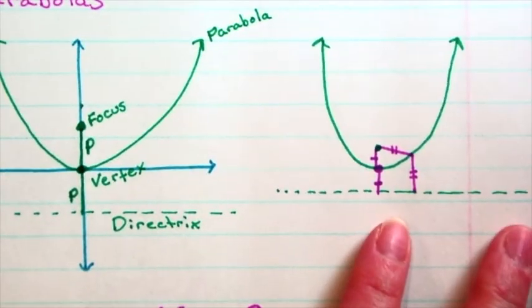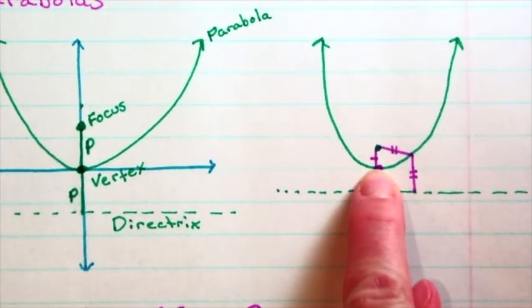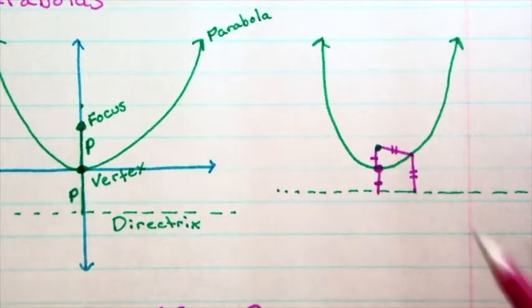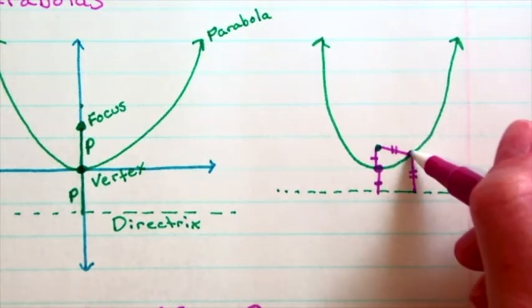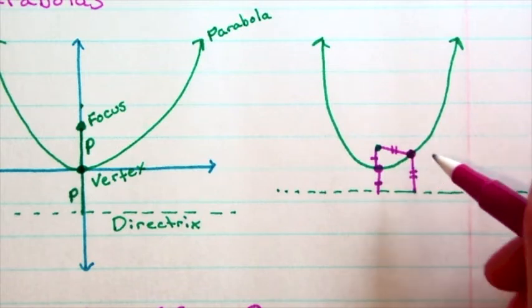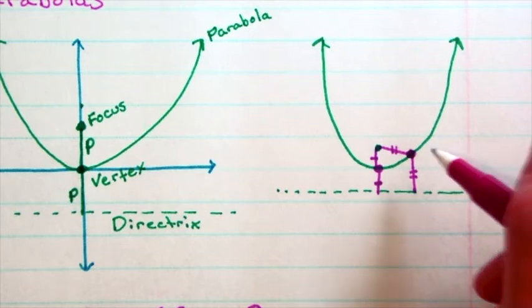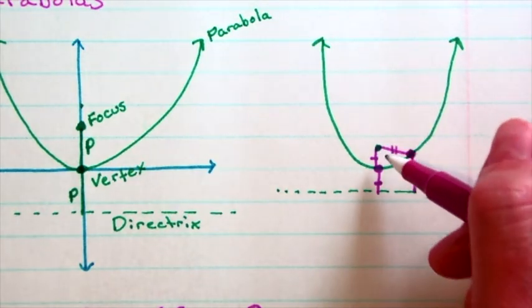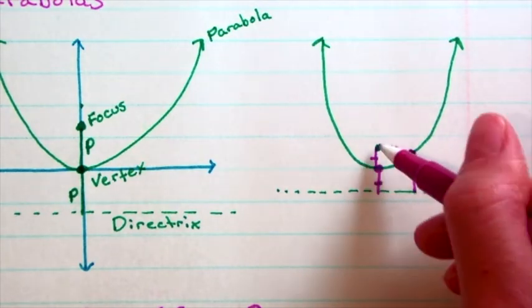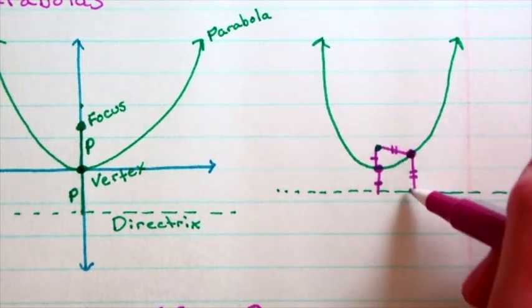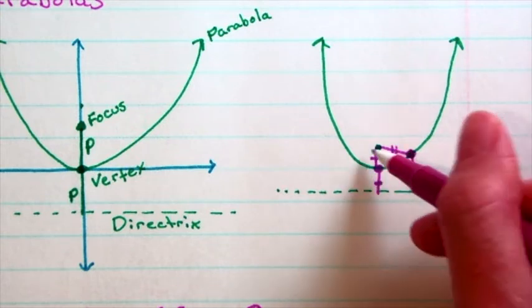So if we look over here at the focus and the directrix, and those are equidistant, here's another point on my parabola. This one's not drawn perfectly, so it might not look like it's exactly to scale. But ideally, this distance from the focus to the point on the parabola, and from that point to the directrix, would be the same distance also.